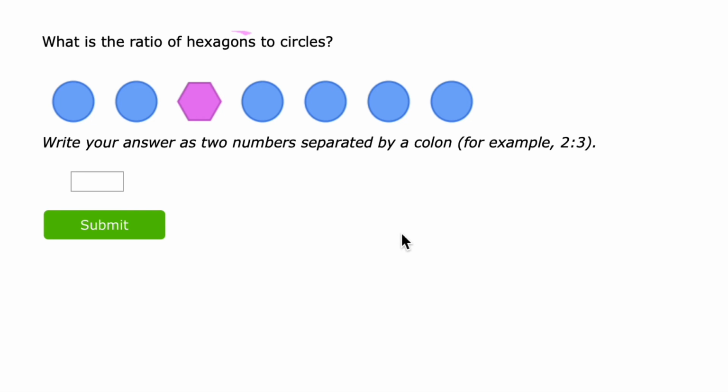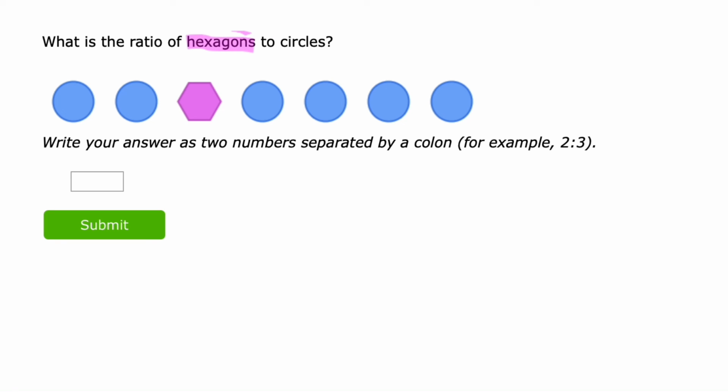Because you can't do circles to hexagons; doing it backwards will get everything messed up and you might not get the question right. So let's do this again. First we do hexagons.